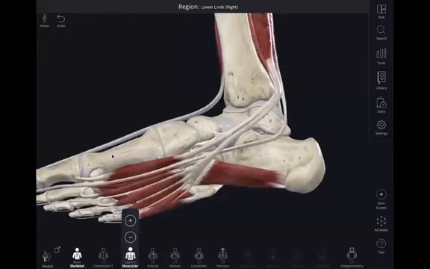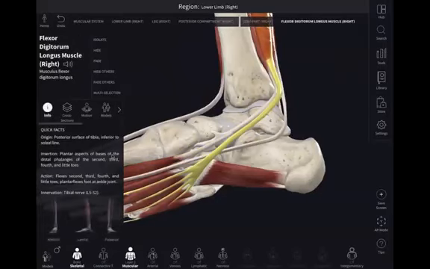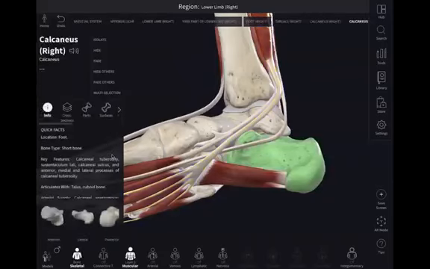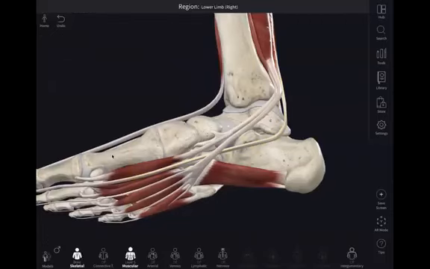So if we put a few muscles, this is the flexor hallucis brevis. This one is the FDL, and this one is coming from the back, and this is the flexor hallucis longus. On the medial side, the main one is the flexor hallucis longus.